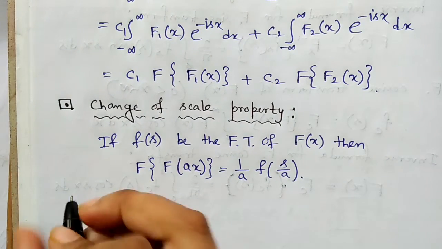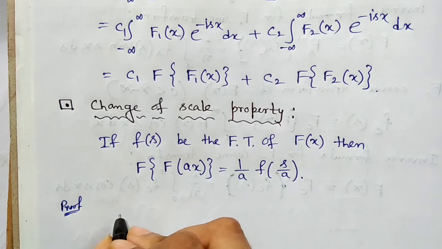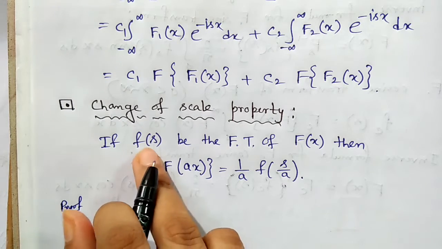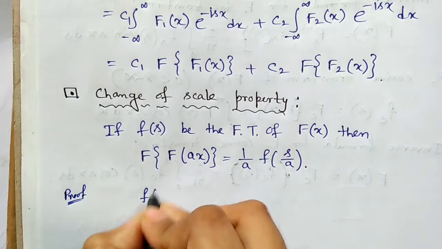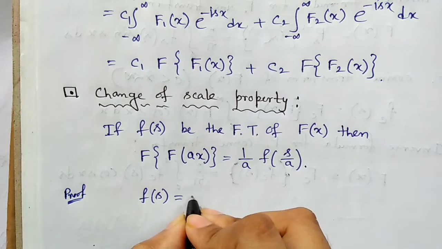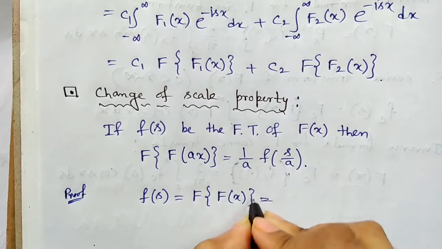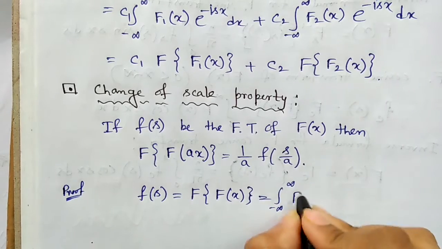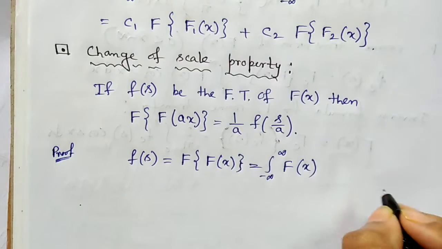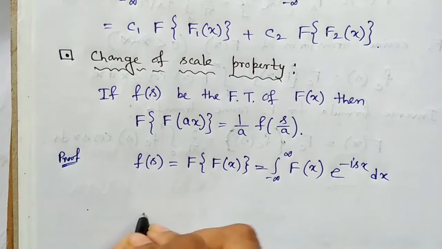So again, check. F(s) is the Fourier transform of F(x), so first write F(s) equal to the formula: the integral from minus infinity to infinity of F(x) e to the power minus isx dx.